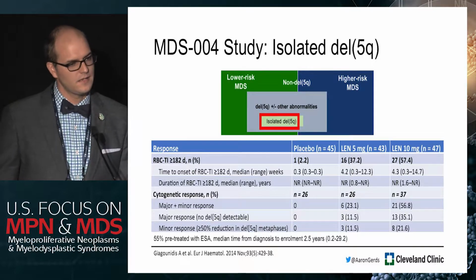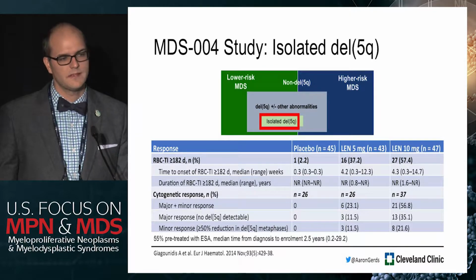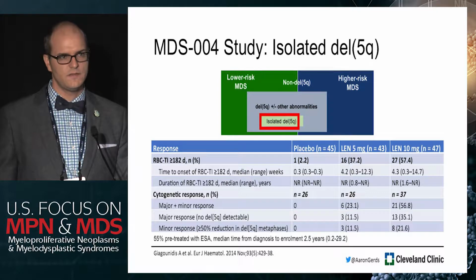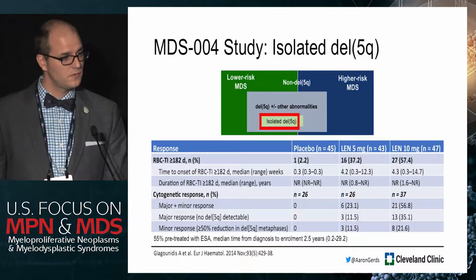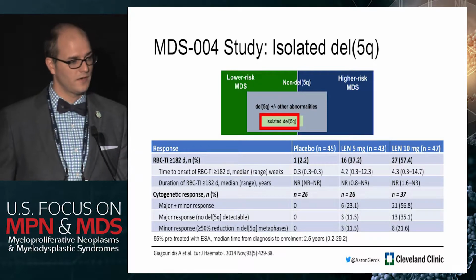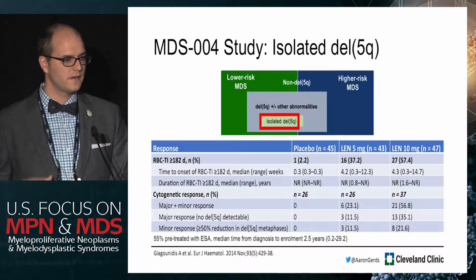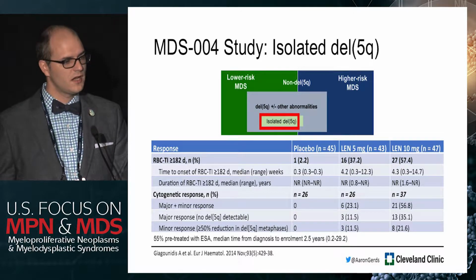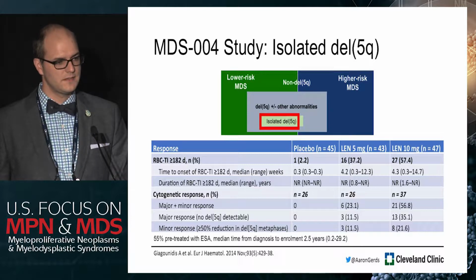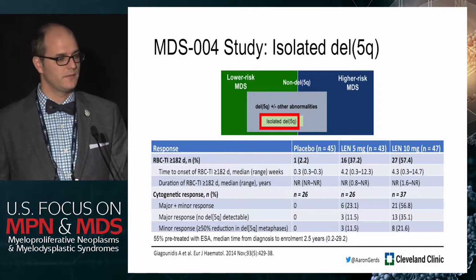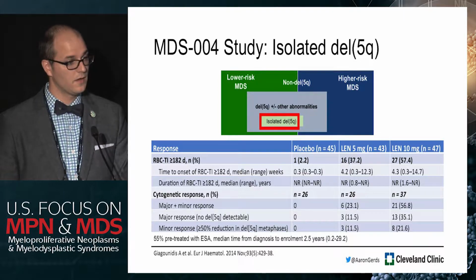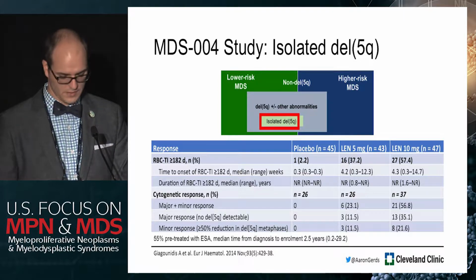And you can see that with the 10 milligram dosing of lenalidomide, 57% of patients achieved red cell transfusion independence, as well as 37% of the patients who received 5 milligrams of lenalidomide. Again, very similar rates of cytogenetic response as well. 56% of patients treated with lenalidomide 10 milligrams achieved any form of cytogenetic response.